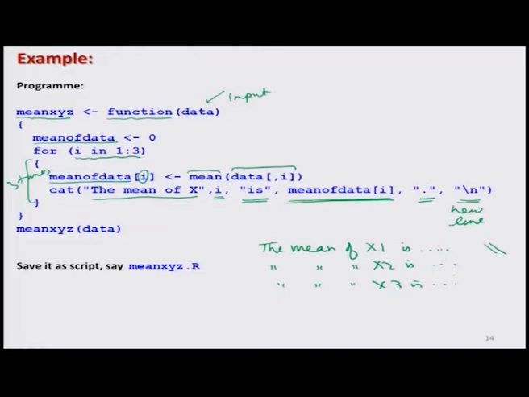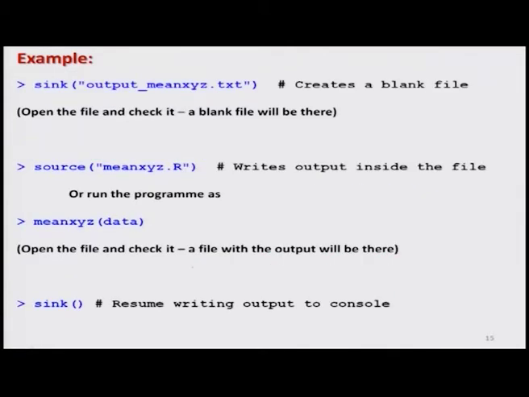So, I write down this program, and then I save this entire program inside a script file, which is mean xyz.r, right. Then I create a file whose name is output underscore mean xyz.txt, in which I am going to store the outcome.